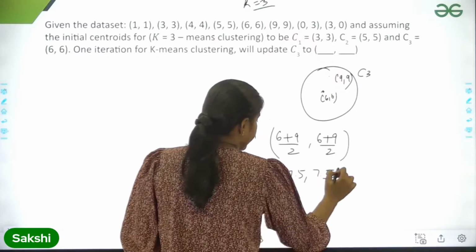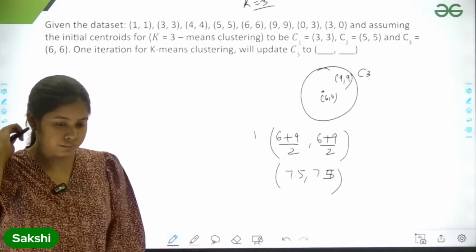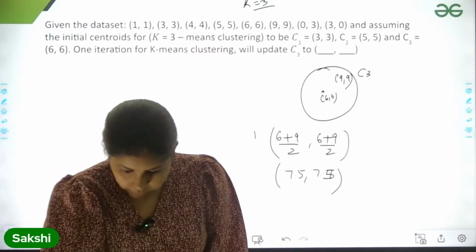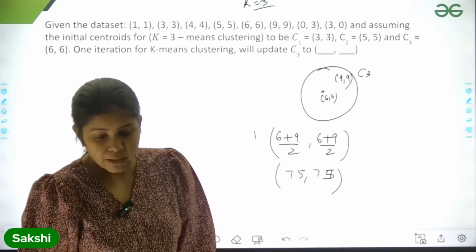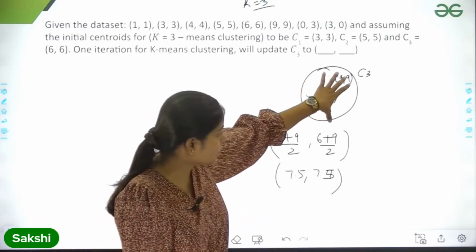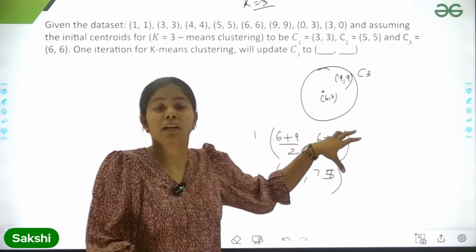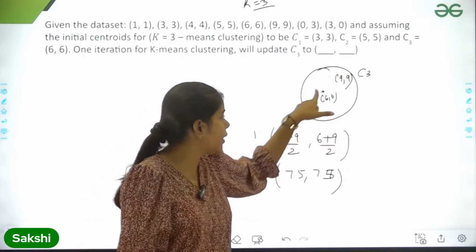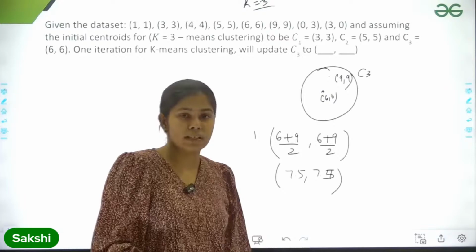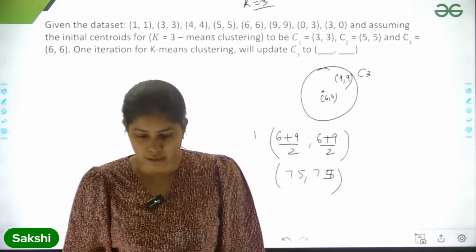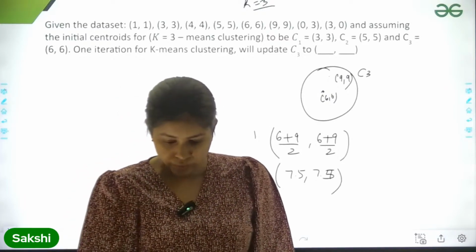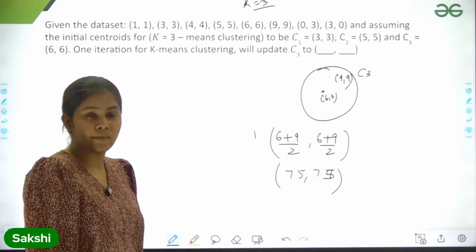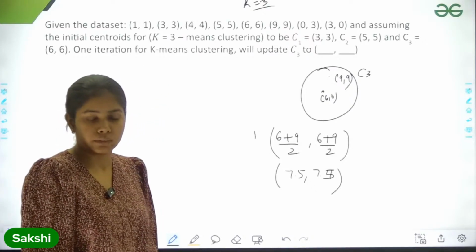Right, 9 9 would be the point in this cluster, but for the new centroid you have to take the average, right? So what I have done is 9 plus 6 divided by 2, 9 plus 6 divided by 2. That would be my new centroid, 7.5 comma 7.5.